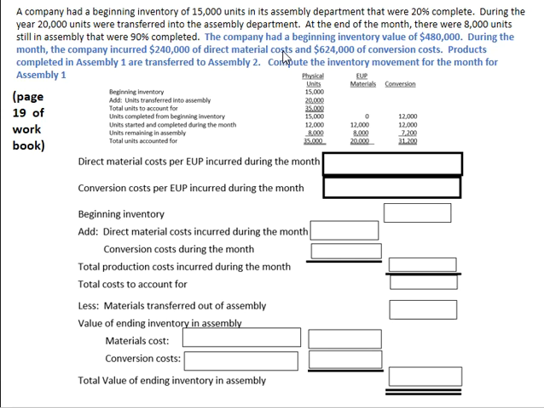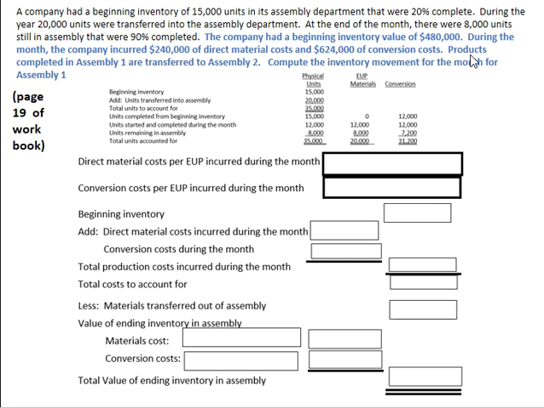In other words, that's how many direct material costs were charged into this particular assembly process. Also, the total amount of conversion costs that were added to this particular assembly process were $624,000. So we add these into the assembly process at this point without even trying to account for any cost per equivalent unit of production. So those go into the general ledger.